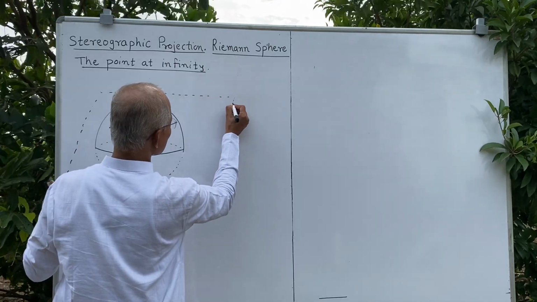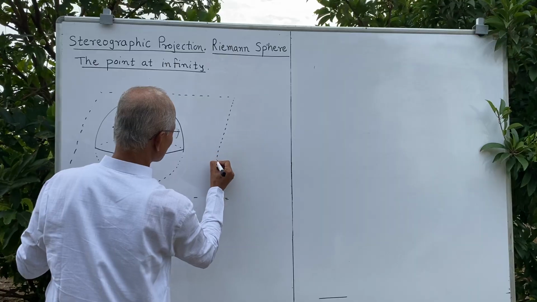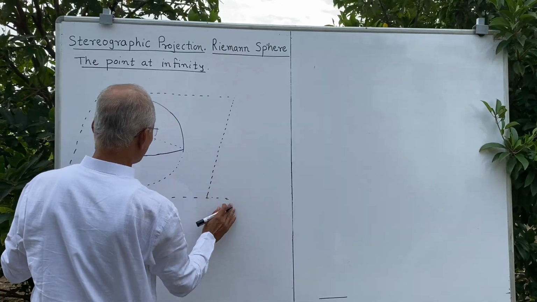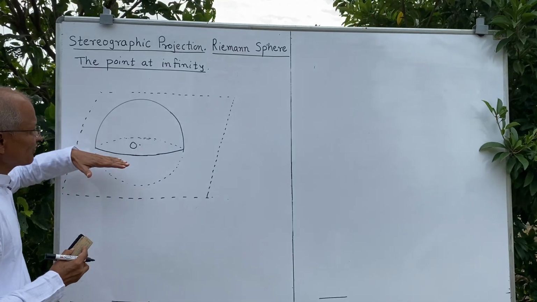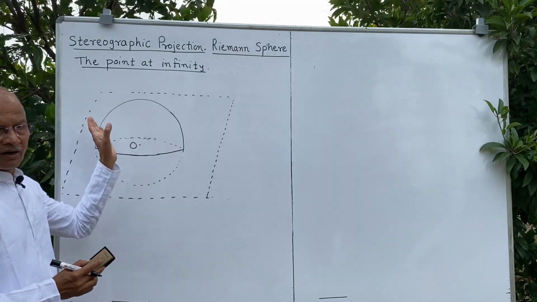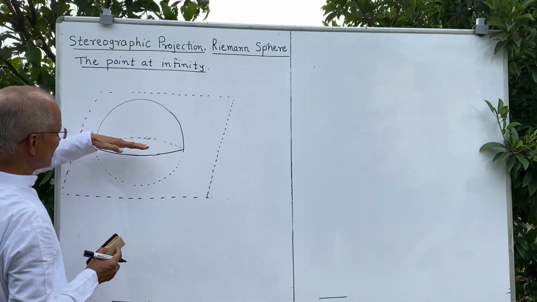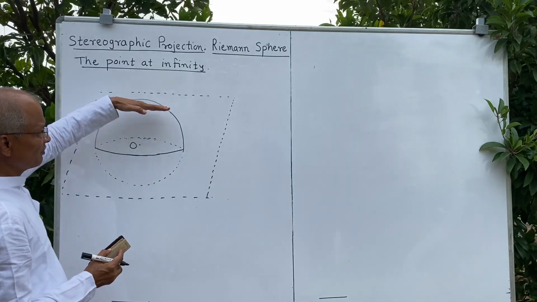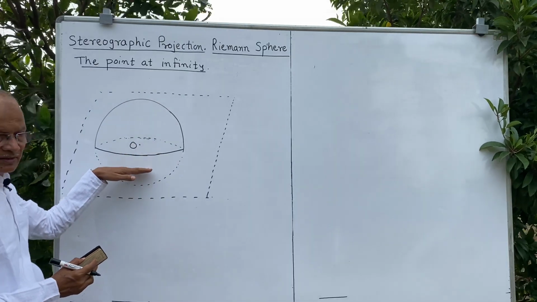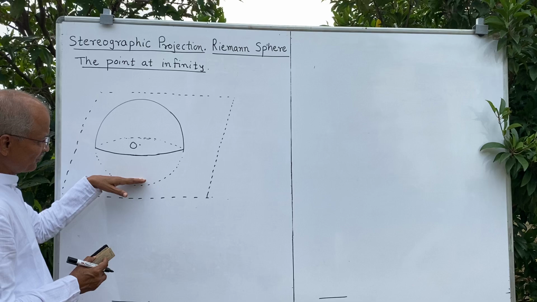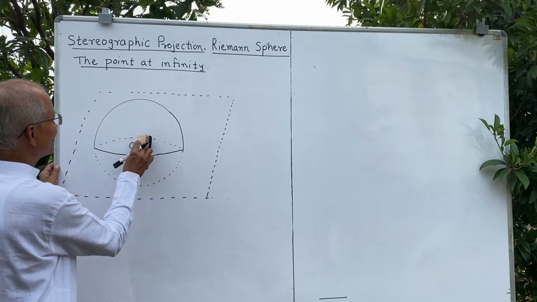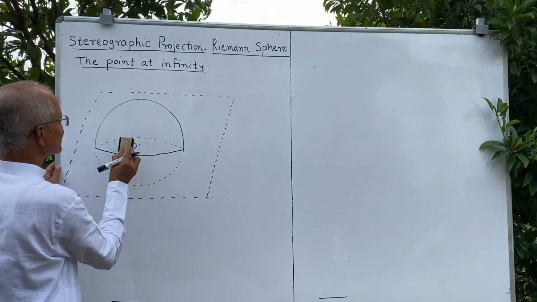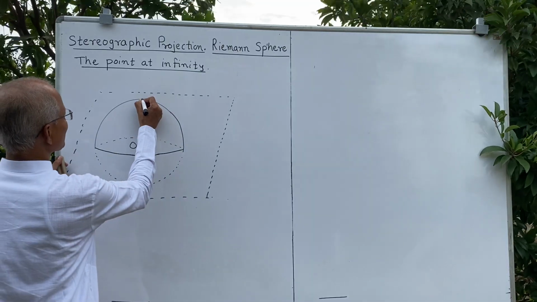This is, suppose, the complex plane, and you imagine this is a hollow sphere, and its upper surface is above the plane and the lower surface, that is the southern hemisphere, is below the plane. And now we will have this as its north pole.